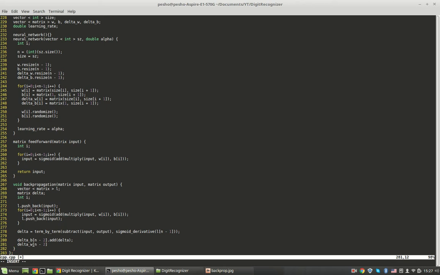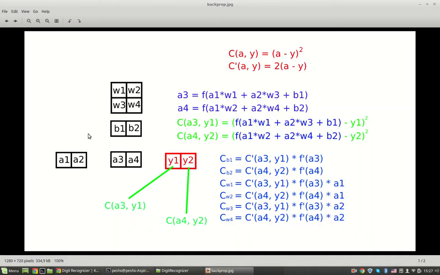Now, let's see what we're gonna do about the derivatives with respect to W. Well, you can see here, W1, W2, W3, W4, they're actually pretty much the same as those partial derivatives with respect to the bias.